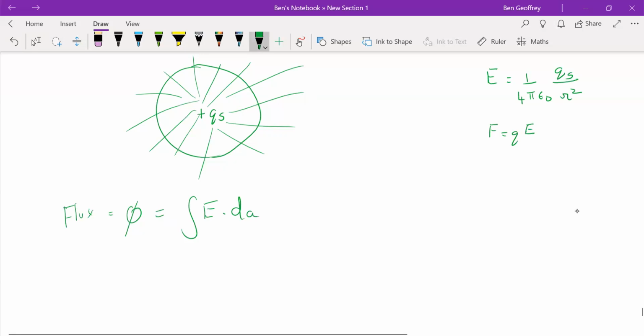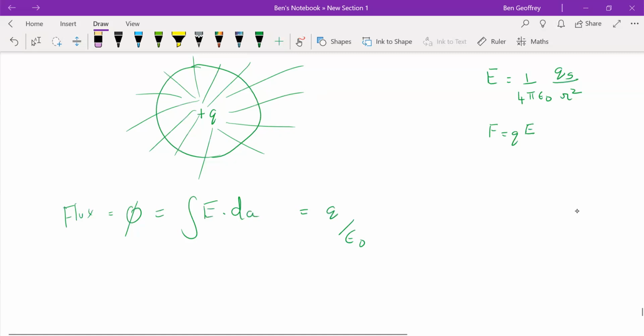If you perform this integral, what you get is Qs by epsilon naught. I'll remove this S so that we don't get confused later on. So you get the answer Q by epsilon naught.